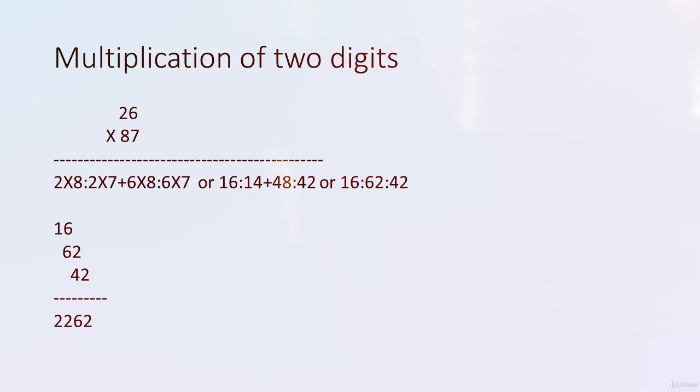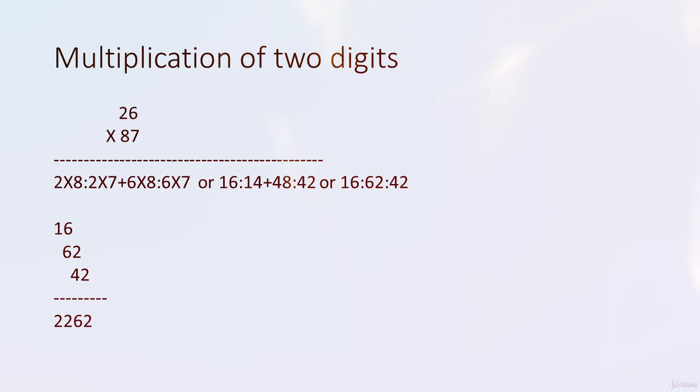I again repeat this carry forwarding episode. The right hand side answer was 42. We can only write one digit, so we write the unit digit 2 and carry forward 4. Now the middle number of the answer is 62 plus 4, that is 66.